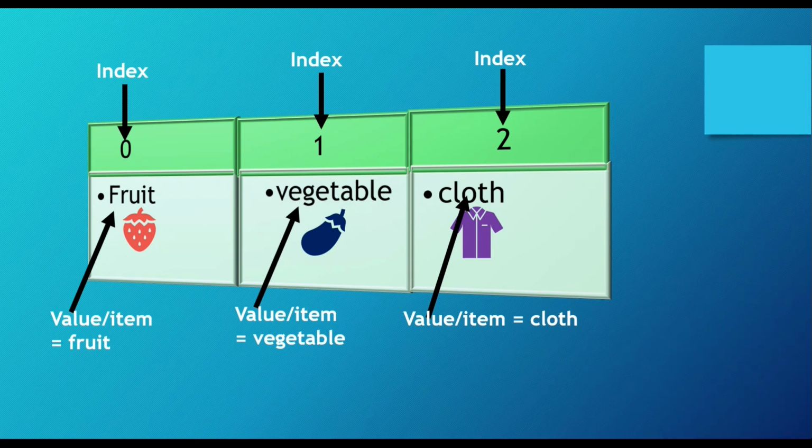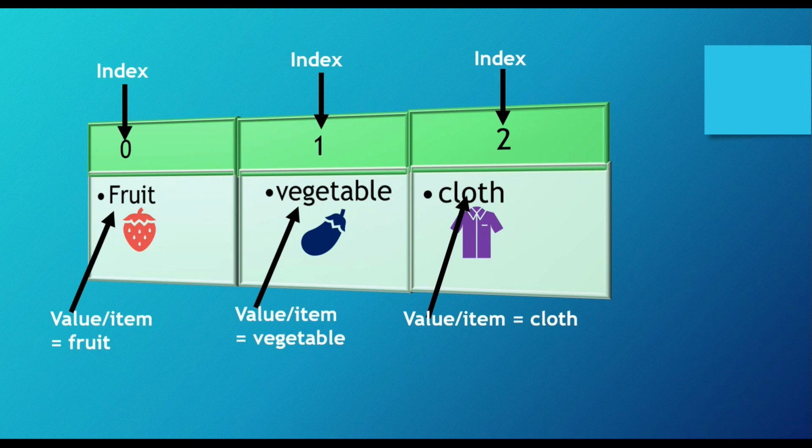In our case we have fruit at 0 place, vegetable at first place, and cloth at the third place. Likewise, an array also has multiple items in one variable at 0, 1, 2, 3, 4 and so on places.